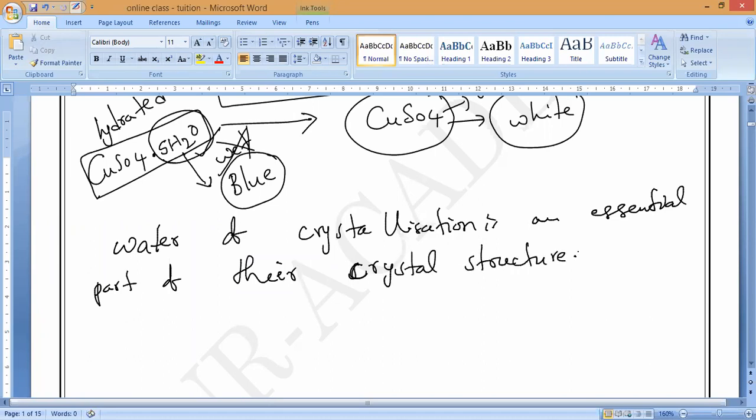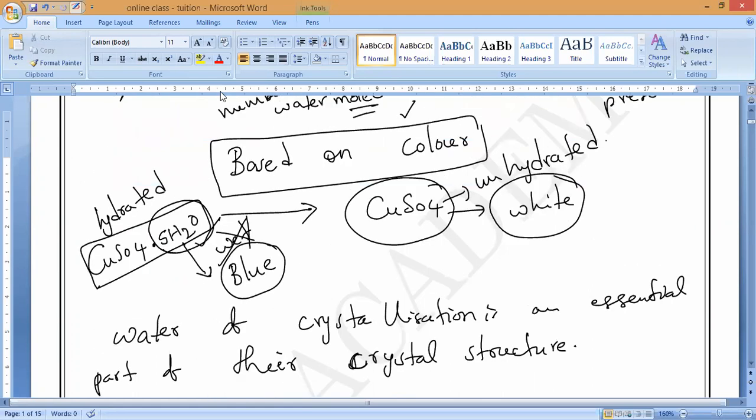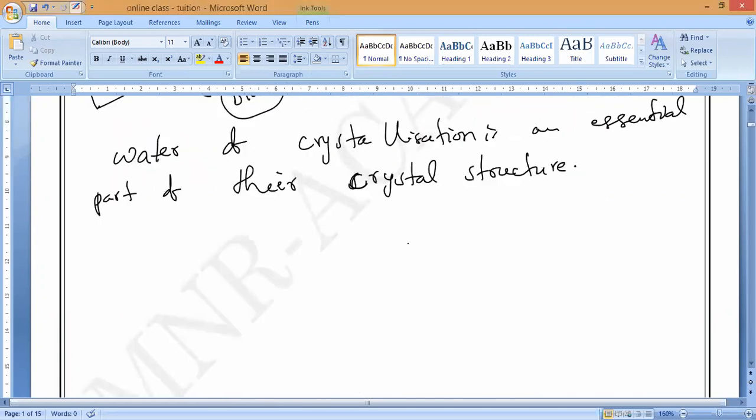The water molecules which form a part of the structure of a crystal are called water of crystallization, which helps the salt to form a crystal structure.